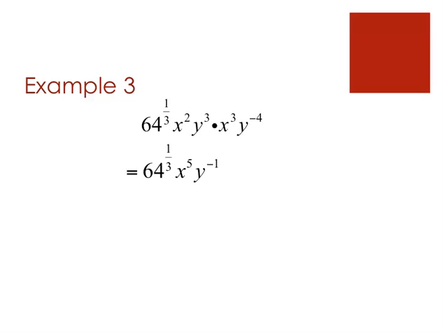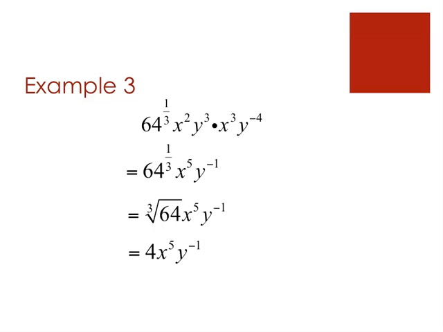Now let's deal with the 64 to the 1/3. 64 to the 1/3 we can write as the cube root of 64. And the cube root of 64 is equal to 4. So now we have 4x to the 5th, y to the negative 1st. Now in general, in order to simplify our answers, we like to have our answers with all positive exponents.